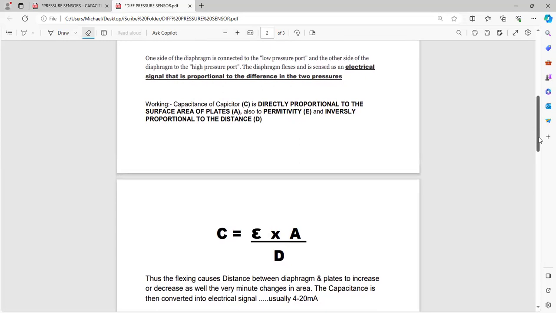Okay, you can take a screenshot of this because we are using the same formula, excepting that there will be capacitor number 1, capacitor number 2. The difference between capacitor 1 and 2, that will be giving you the reading. That is why it's called a differential pressure transmitter.